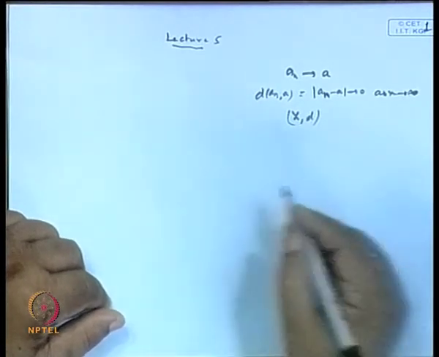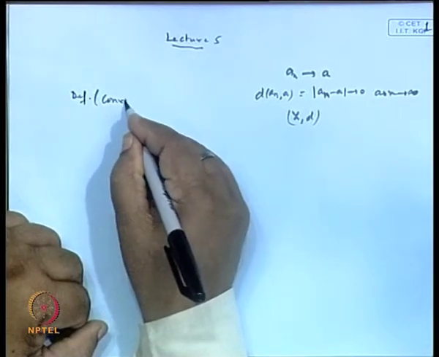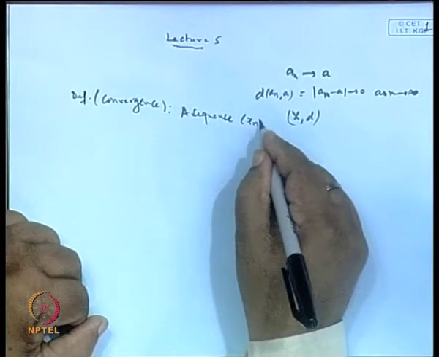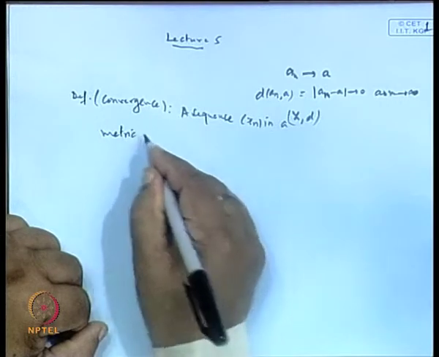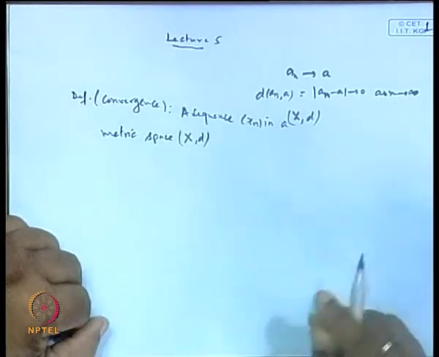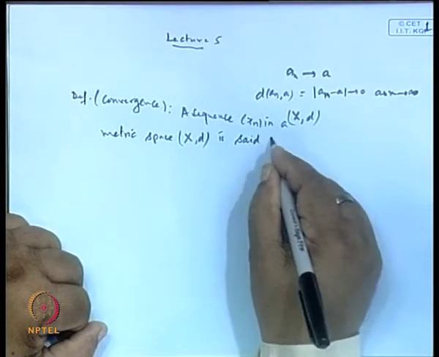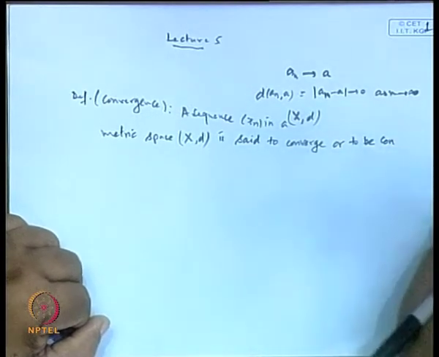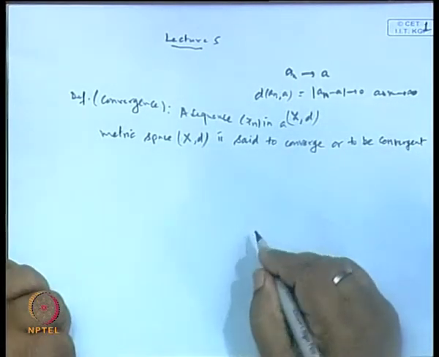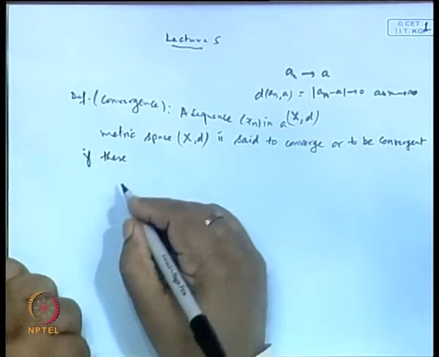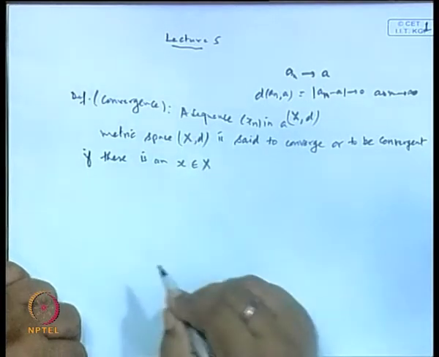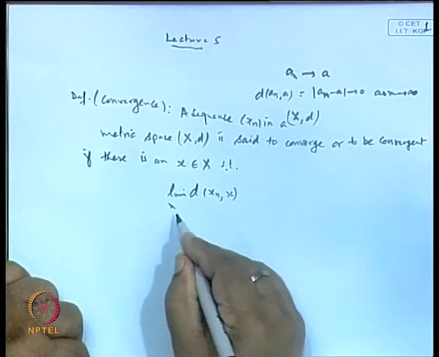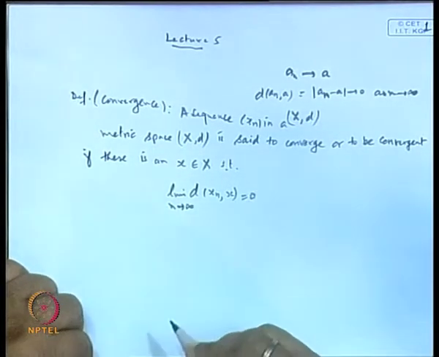So, we say, convergence first: a sequence x n in a metric space X, d is said to converge, or to be convergent, if there is an x belonging to capital X such that the distance between x n and x, when n is sufficiently large, is tending to 0, or the limit of this is 0.